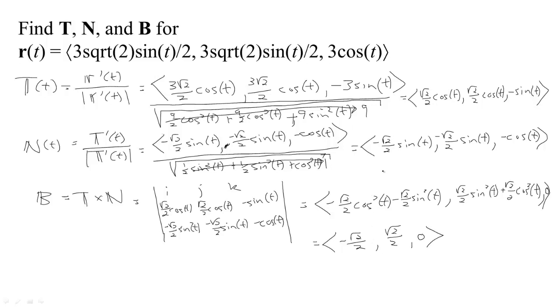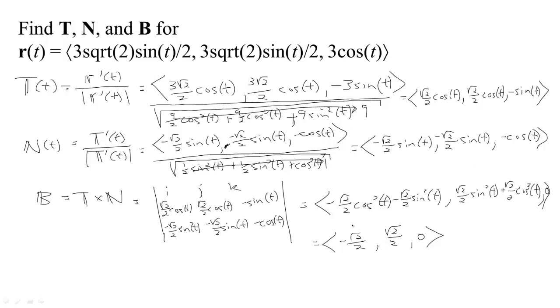Now, we should probably check this. When we do a cross product, we should check and make sure our binormal is actually perpendicular to the two original vectors. So if we multiply this, we're going to get 2 over 4, so that's 1/2 sine and a minus 1/2 sine, and 0.